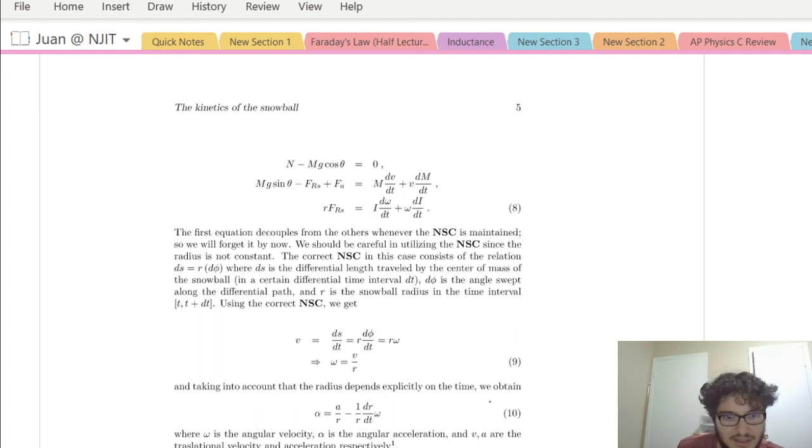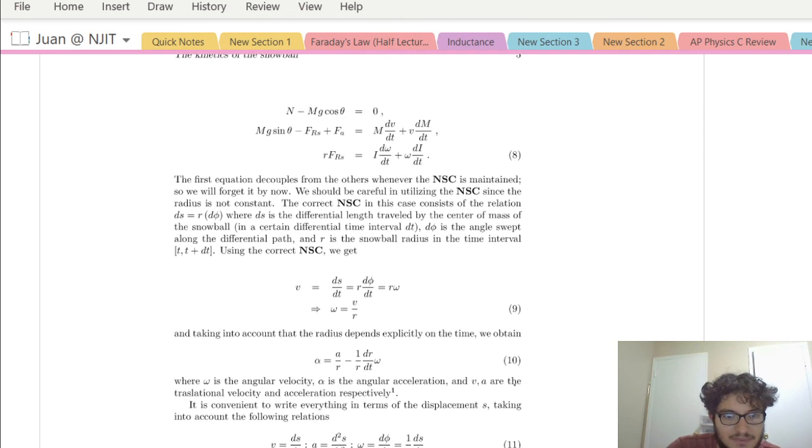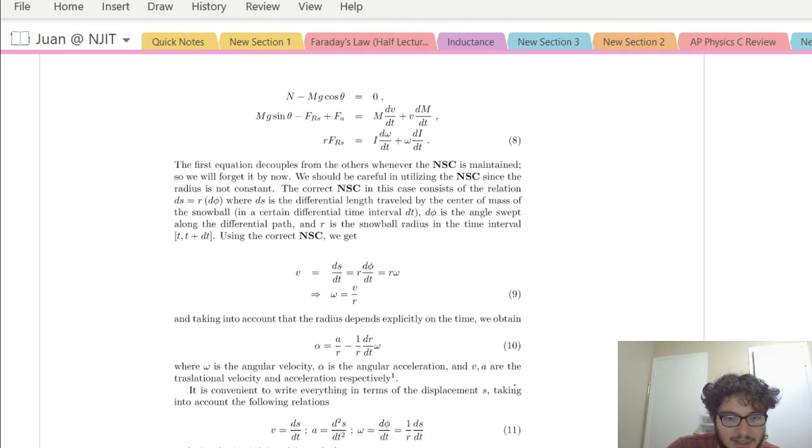So the correct no slipping condition in this case is the relation ds equals r d phi. Okay, so then v equals ds dt equals r d phi dt, which equals r omega.